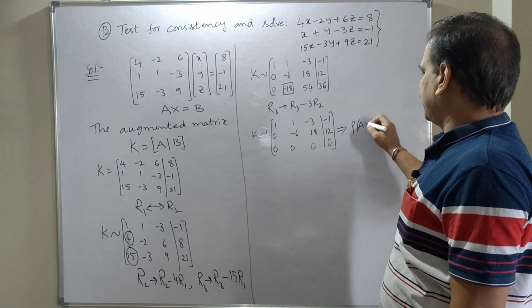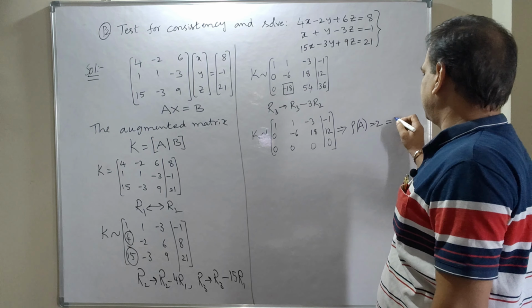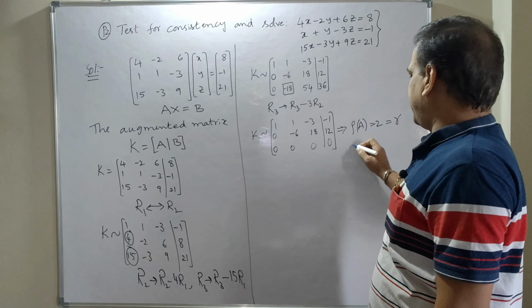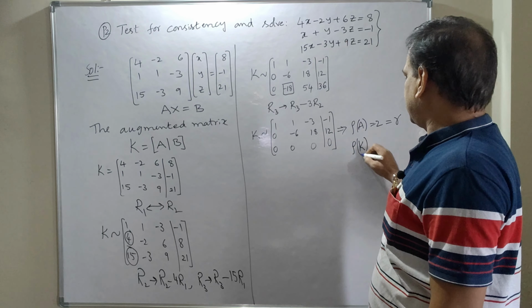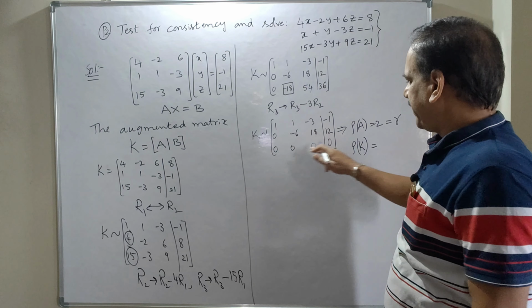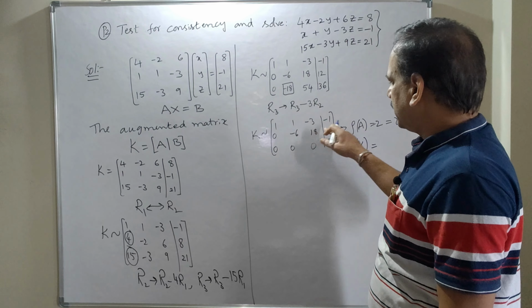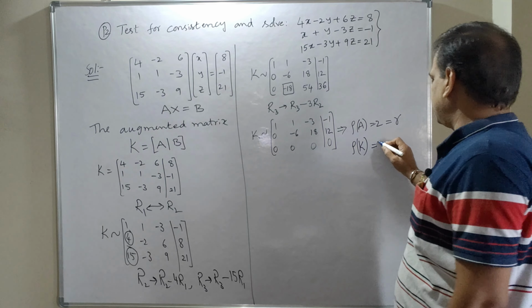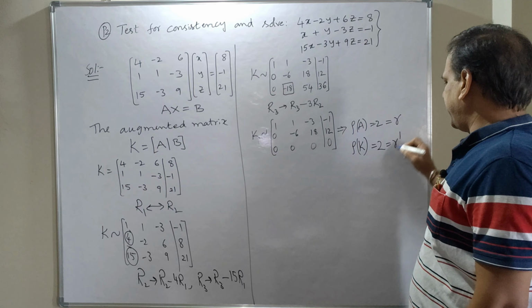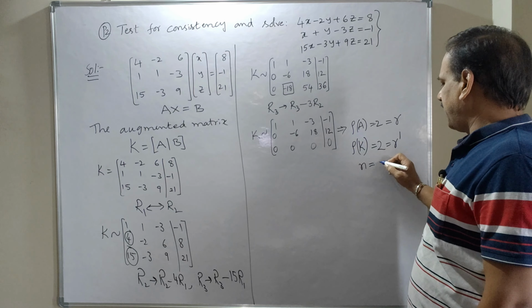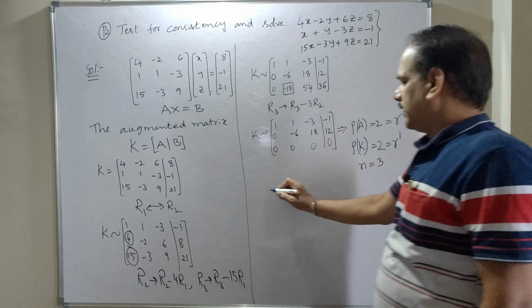Rank of A is 2, which is R, and rank of K. What is the rank of the augmented matrix, entire matrix? In this matrix also, you have only 2 non-zero rows. Therefore, that is also 2, which is R dash. But what is n? Number of unknowns is 3.